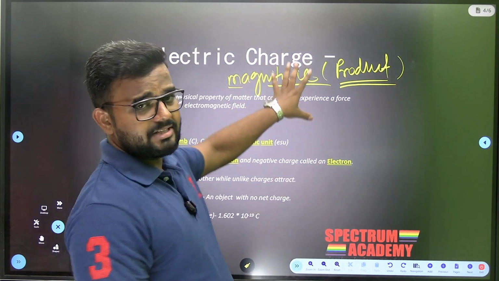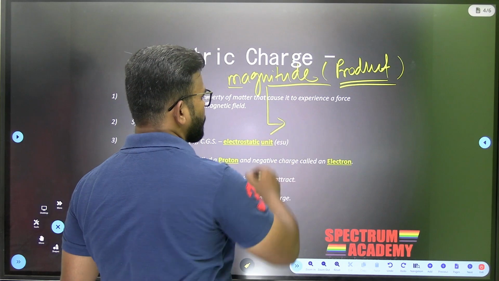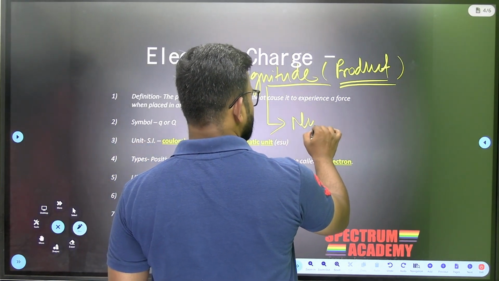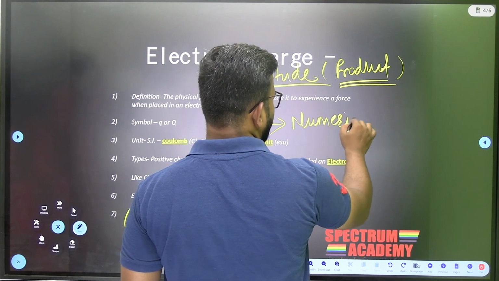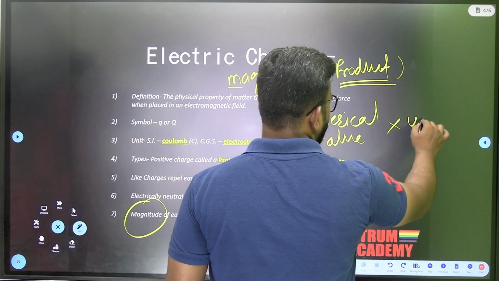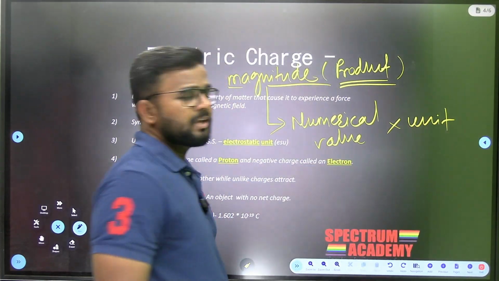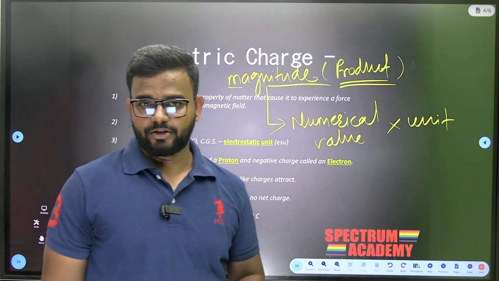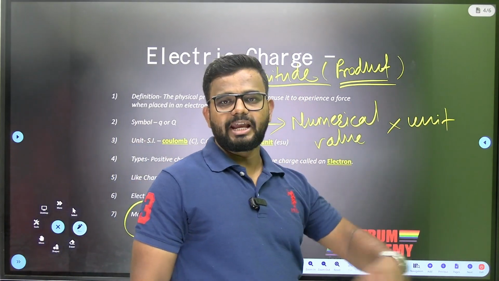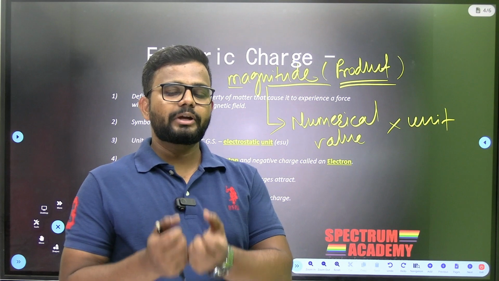So magnitude is also a product, means it is a multiplication of any numerical value multiplied by the unit of a physical quantity. Numerical value means number, my dear friends.